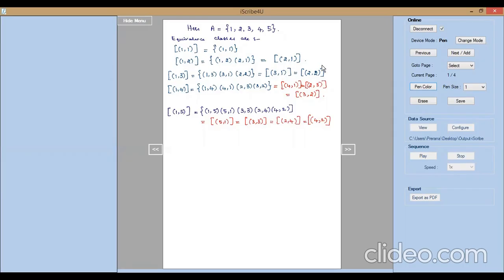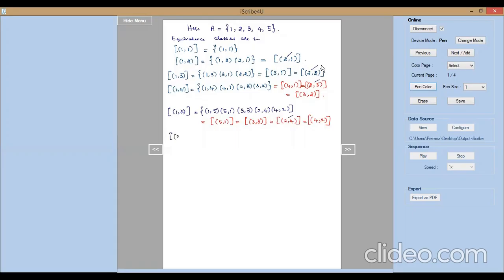So 2, 1 is already over. 2, 2, the sum should be equal to 4, so 2, 2 is also already taken care of here. Sum equal to 4, 2, 3 is also done here. 2, 4 is also considered here. So we are left with 2, 5.